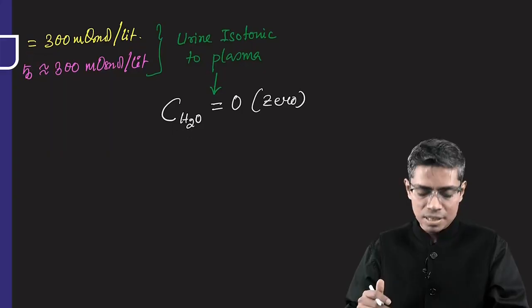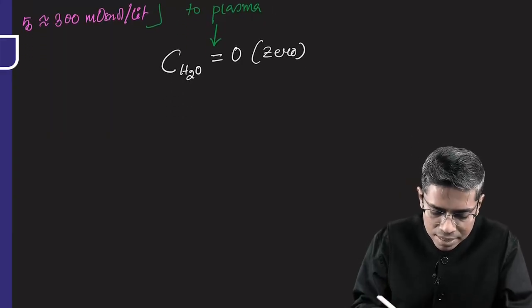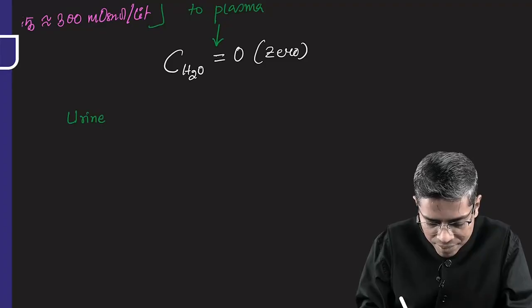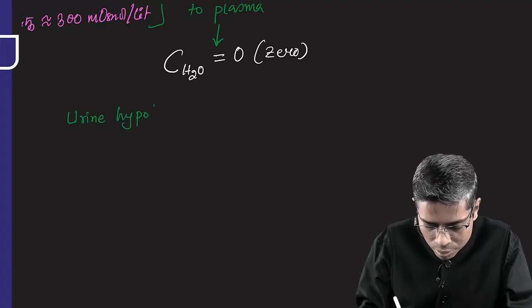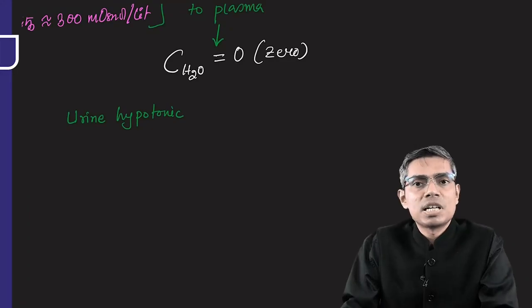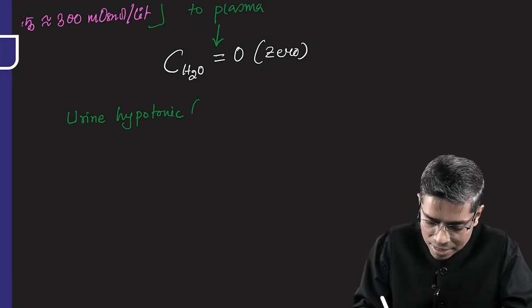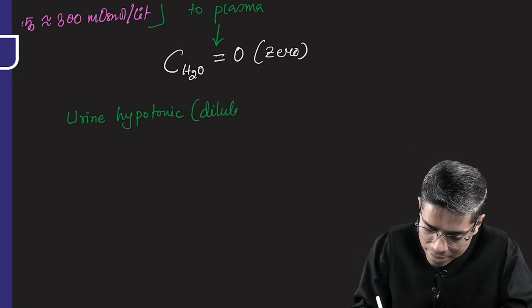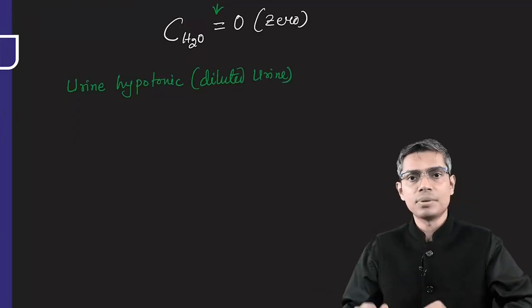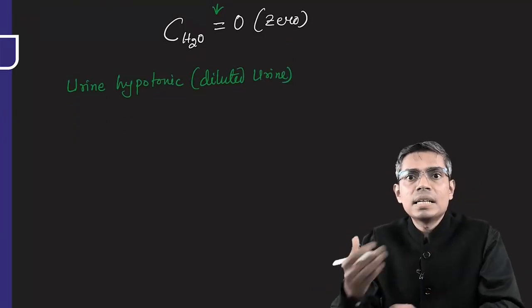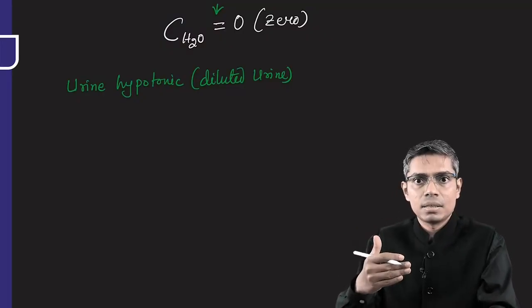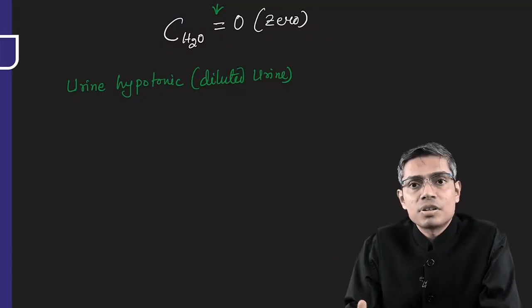Simple from this concept, whenever I say that urine is hypotonic, it means the tonicity of the urine is lesser than plasma osmolality. Urine is diluted. That means I can understand diluted urine. Whenever the person is excreting diluted urine, then the water content in the urine is extra. So urine is excreting extra water, which is not required.